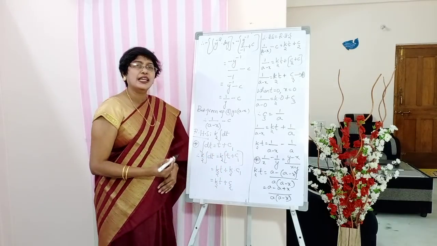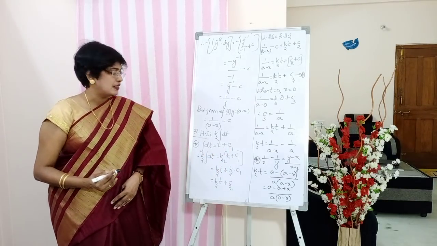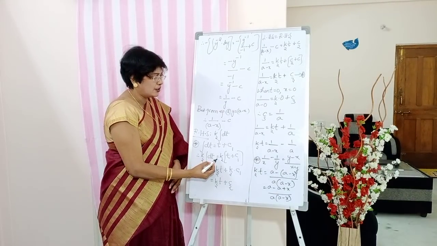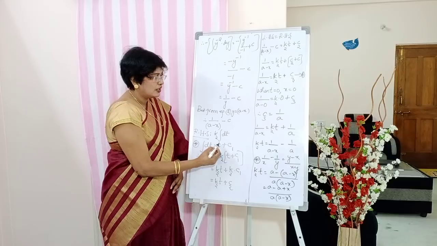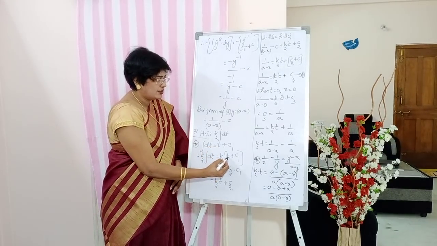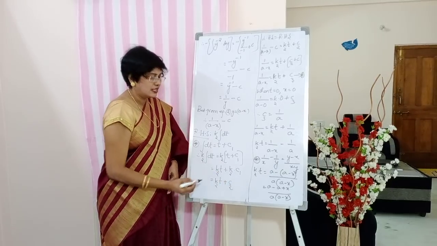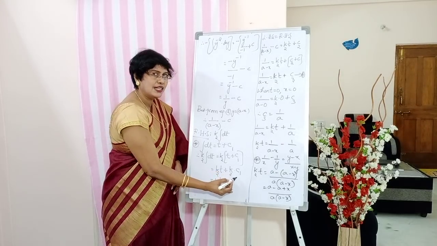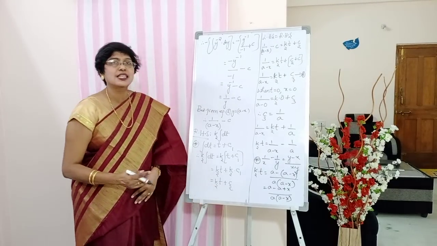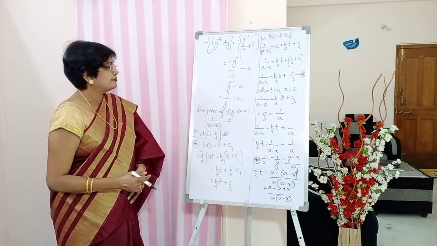The constant I have taken here as c1. Therefore k2 into integral dt is equal to k2 into t plus c1, which becomes k2 into t plus k2 into c1. Now k2 is a constant, c1 is a constant, therefore k2 into t plus c2, a new constant.